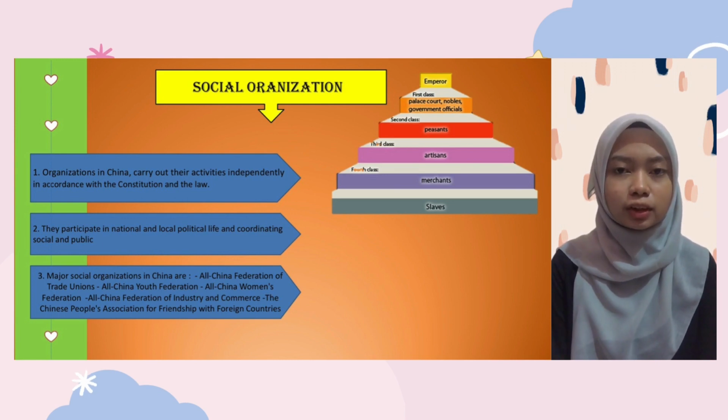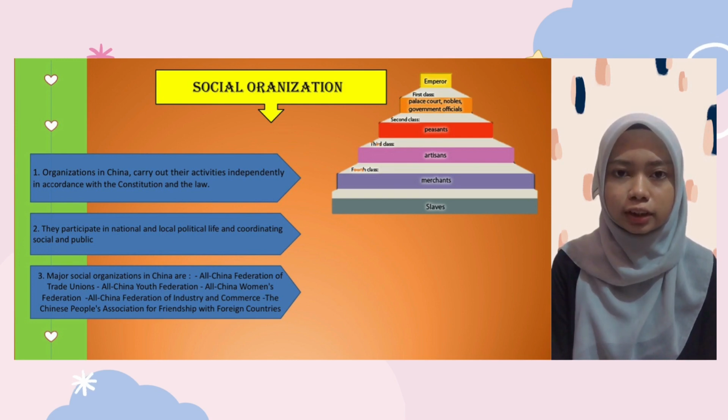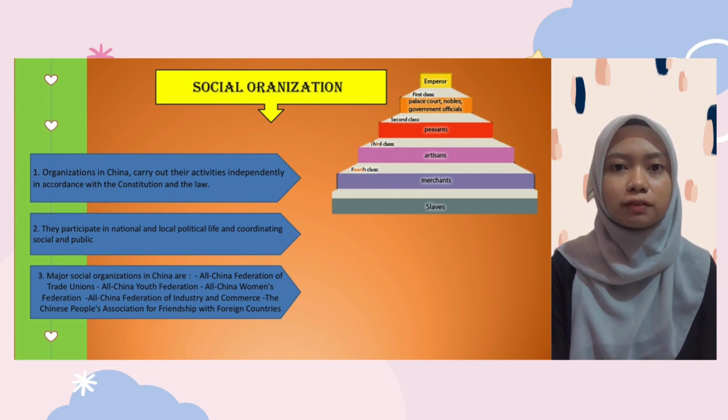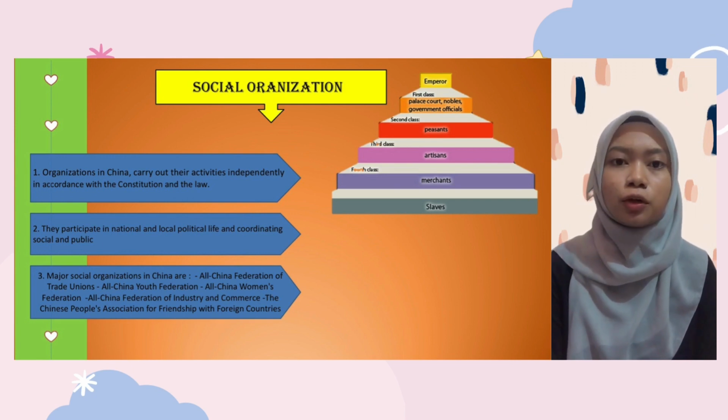Major social organizations in China are the All China Federation of Trade Unions, the All China Youth Federation, the All China Women's Federation, the All China Federation of Industry and Commerce, and the Chinese People's Association for Friendship with Foreign Countries.